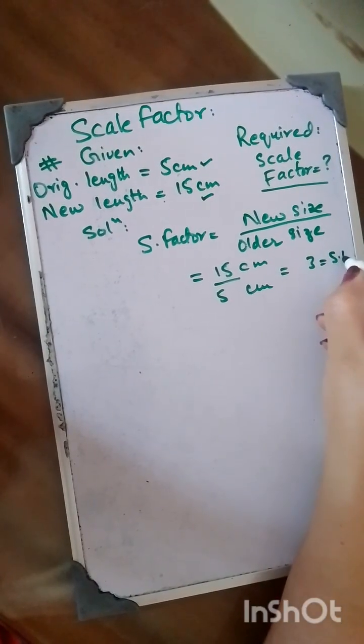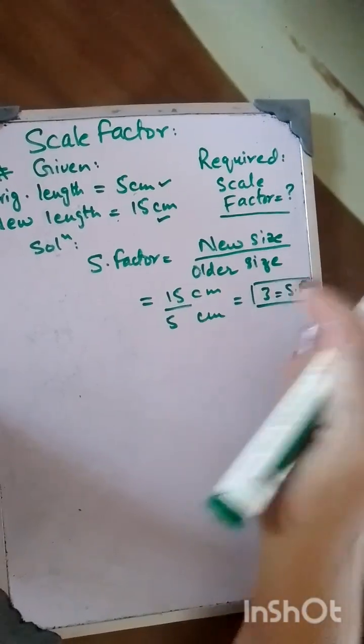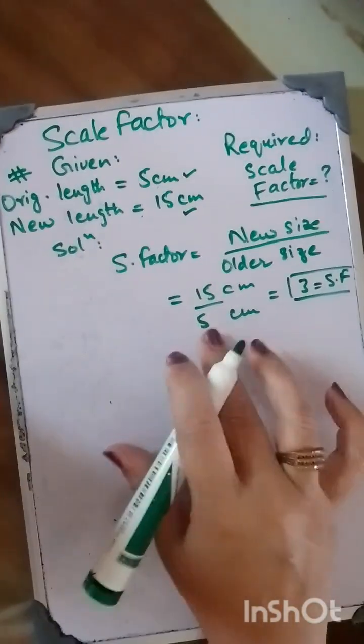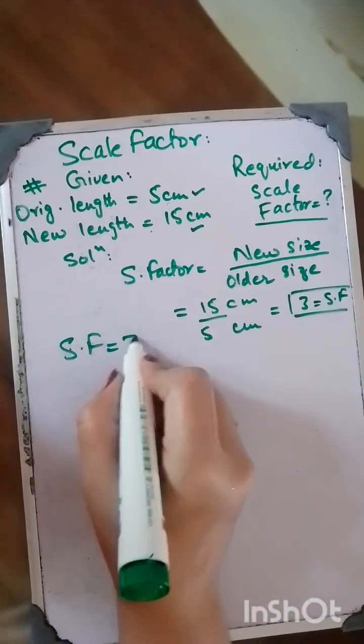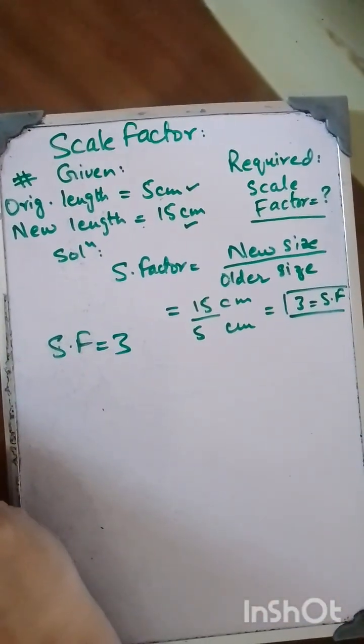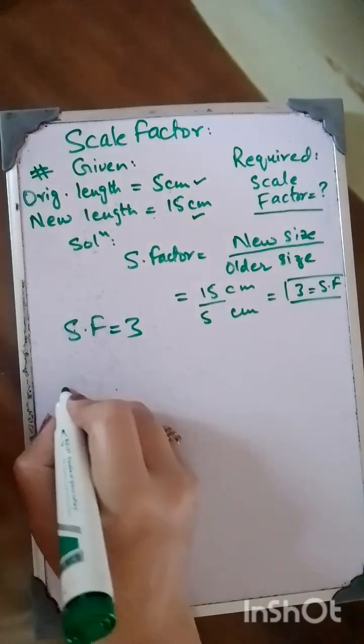You know that 5 times 3 is 15, centimeters cancel themselves. So your scale factor over here, I'm writing clearly, is 3, right? This is how you can use the scale factor formula and get the answer.